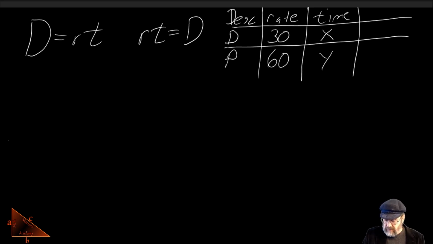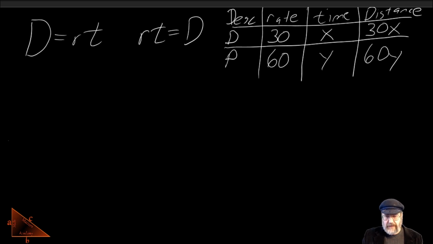Now if we multiply those together, we have rate times time equals distance. So I have 30 times x, which is 30x, and 60 times y, which is 60y. That represents how far each of the ships will have traveled.